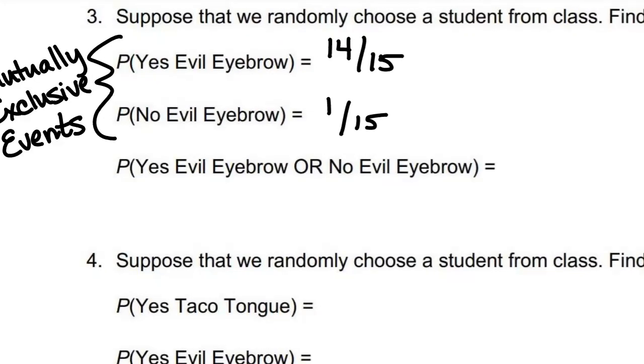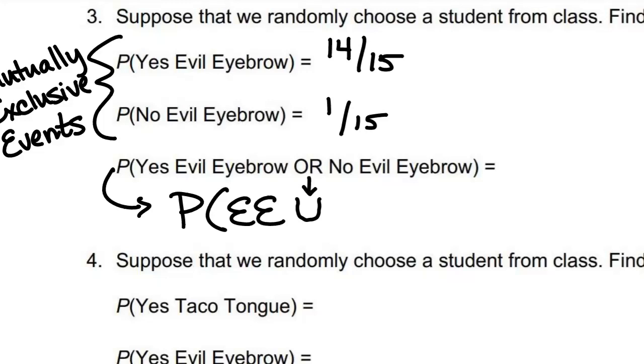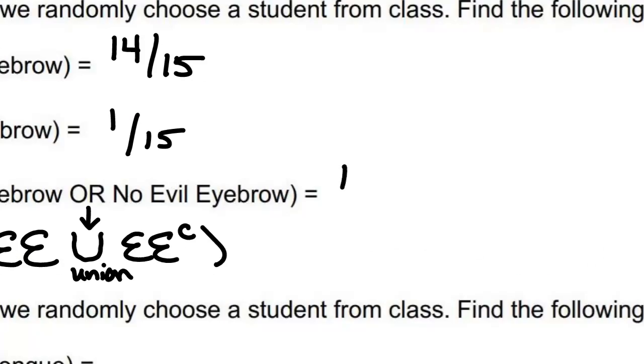So what would the probability, here, let's use our notation, probability yes, evil eyebrow, or, here's my union, no evil eyebrow. So evil eyebrow complement. What's the probability that somebody said yes to evil eyebrow or they said no to evil eyebrow? 1. 15 out of 15.